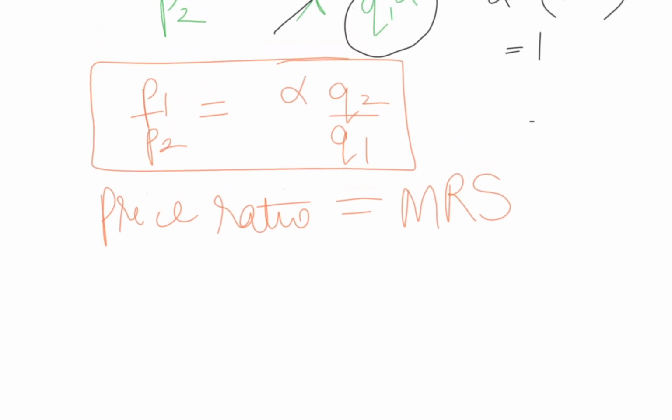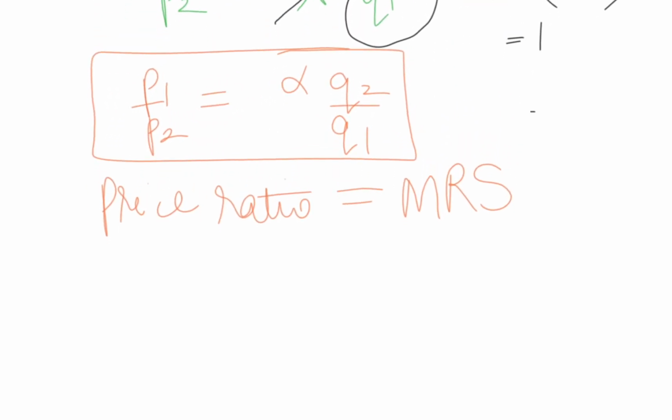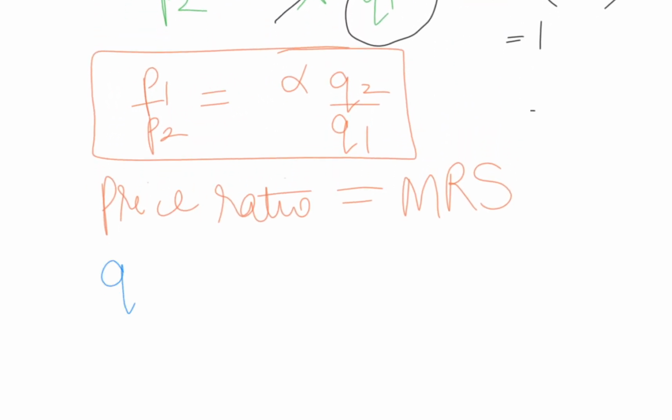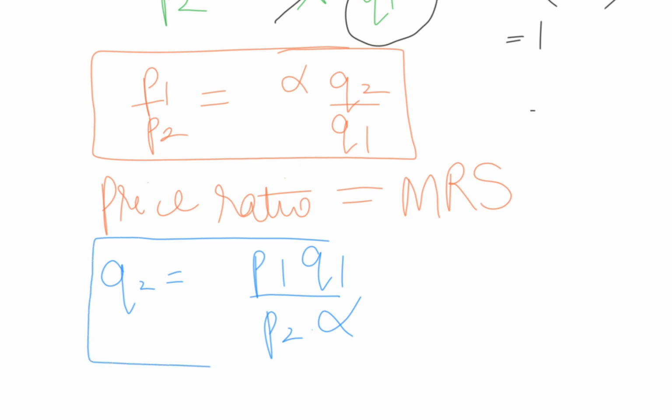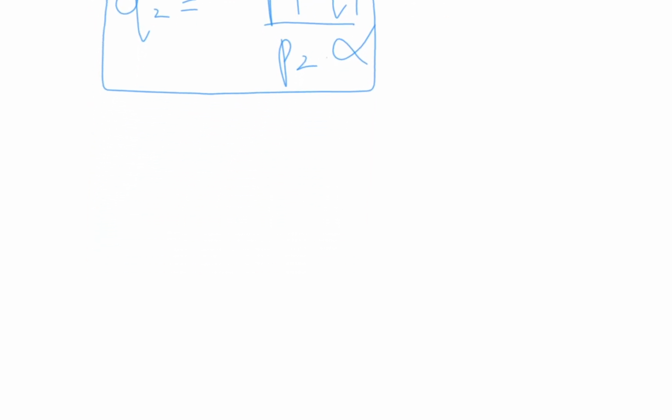Now that we have Q1, Q2 in terms of P1, P2, let's take out Q2. Q2 comes out to be P1 Q1 upon P2 into alpha. Replace this Q2 in the utility function. So the utility function looks like Q1^alpha Q2.